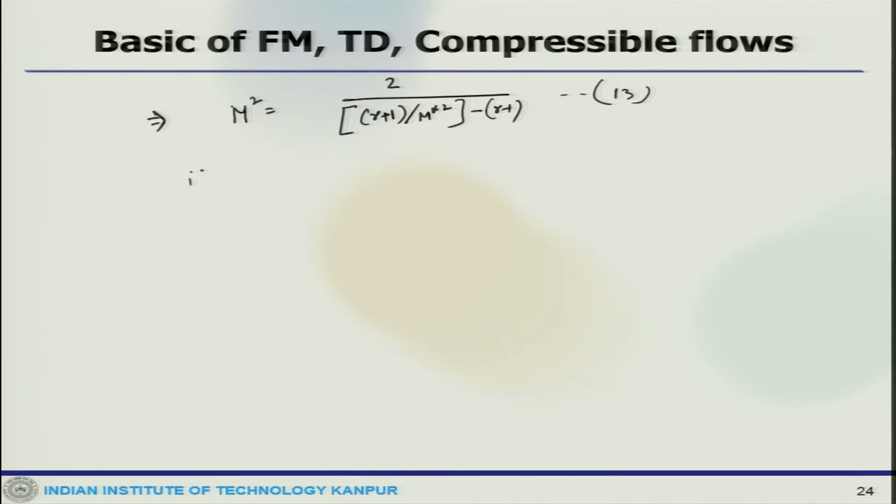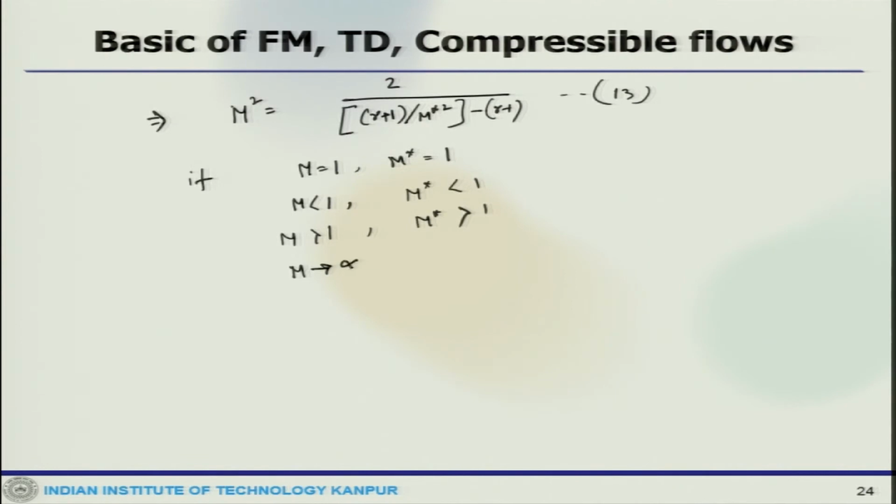Now, if M equals 1, then M star also becomes 1. If M is less than 1, which is subsonic, M star is also less than 1. If M is greater than 1, M star also becomes greater than 1.